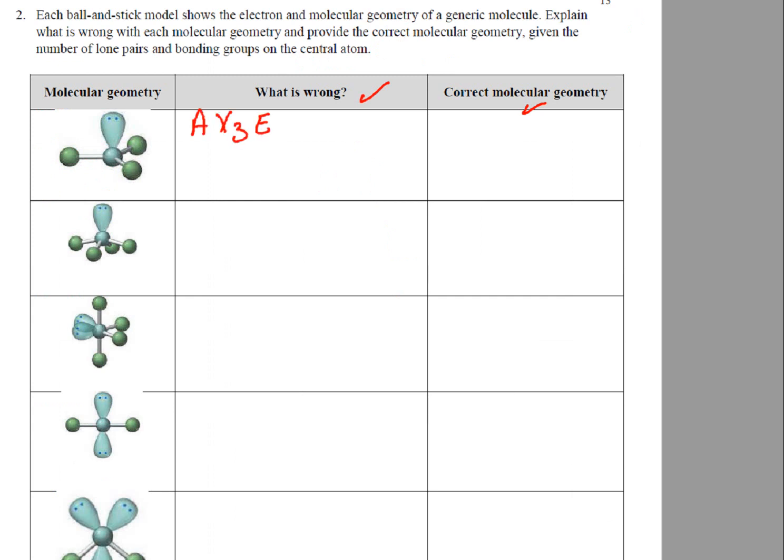So it will be tetrahedral, but the tetrahedral will be altered due to the presence of the lone pair, so I have a central atom and 3 atoms and 1 lone pair. The bond angle was wrong because the bond angle is not 109. The bond angle should be only 107, and the molecular geometry should be trigonal pyramid.